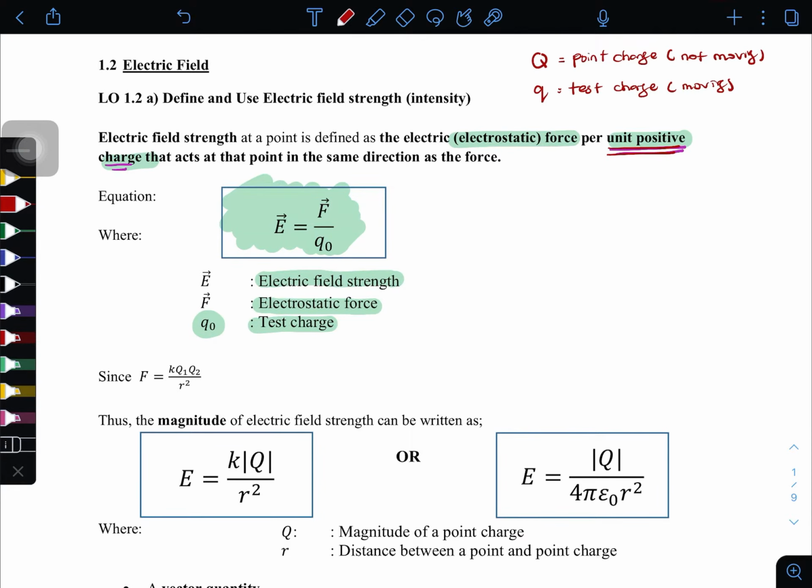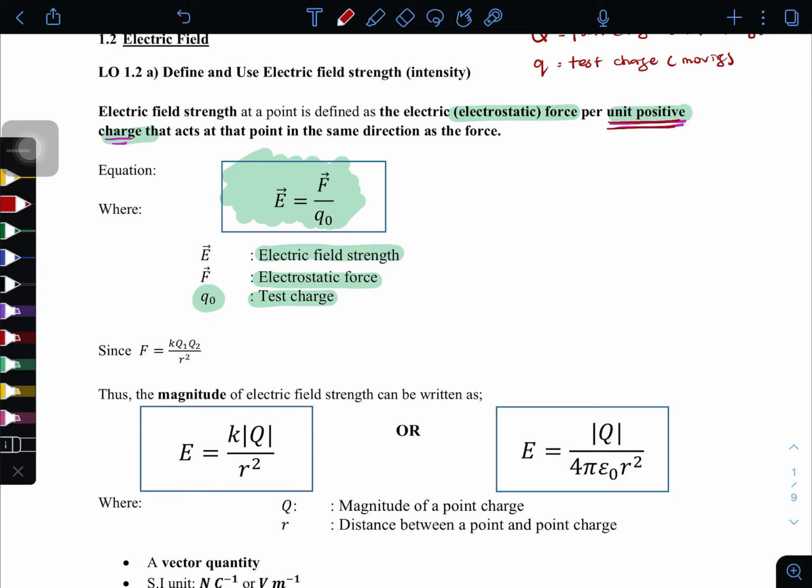Okay, so we know E is equal to F over Q0. And yesterday, or in the video before this, we have learned that F is equal to kQq over r squared. And then we divide kQq over r squared by Q0, and I can also use Q0 as a small q.